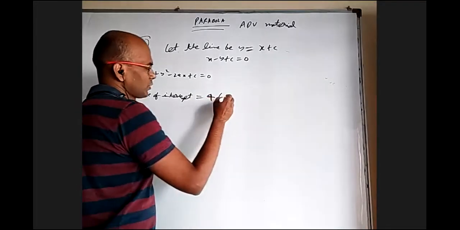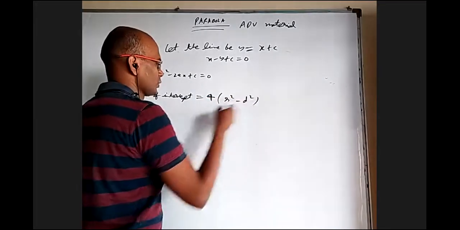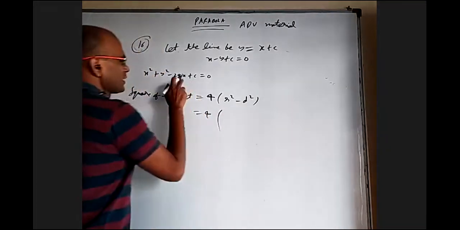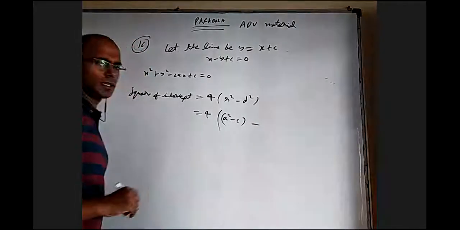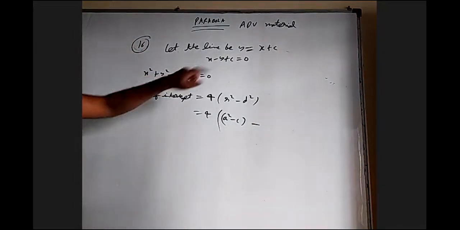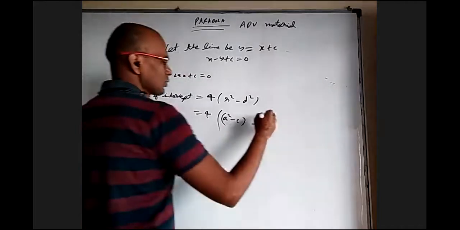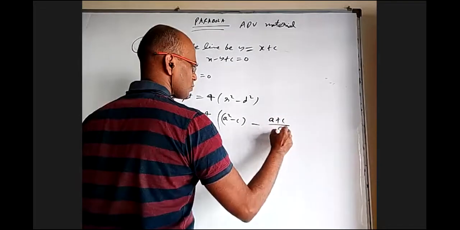So right now it will be 4 into r square minus d square. 4 into what is the radius of this circle? a square minus c. Minus d means perpendicular distance from this center, which is a comma 0, to this line. So when I substitute, a plus c by root 2 whole square.